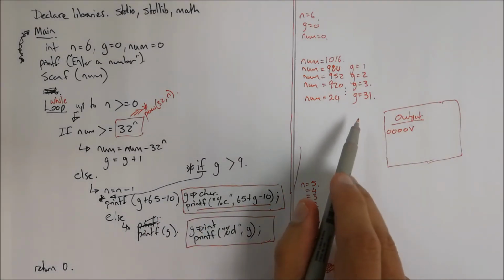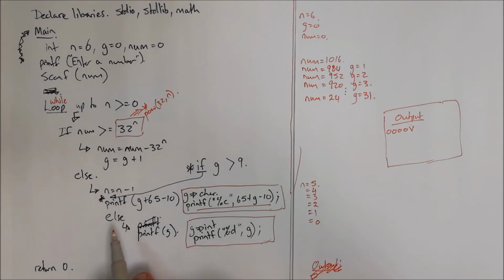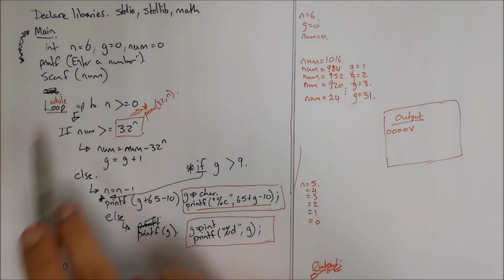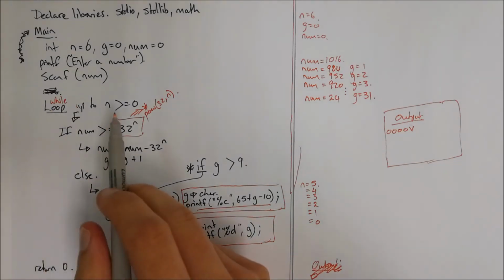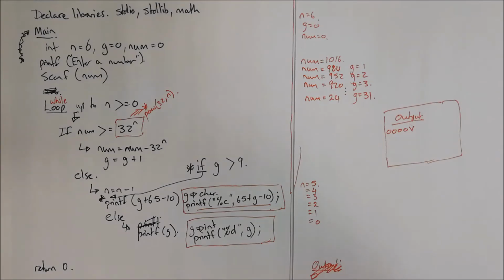Okay. What about, well, this else statement over here would be ignored, so therefore we go back to the beginning of the loop. Is n larger than or equal to 0? Yes, it is. N is equal to 0, so it will still keep on looping us.